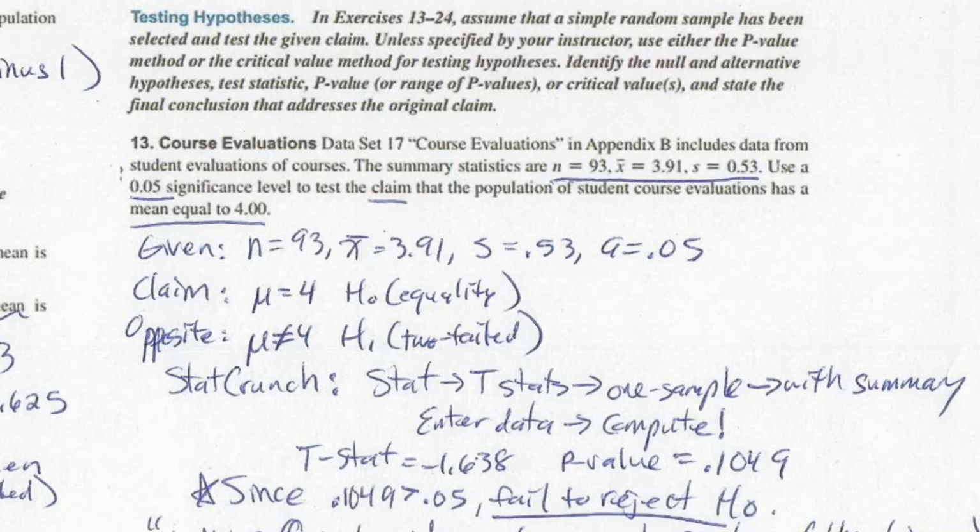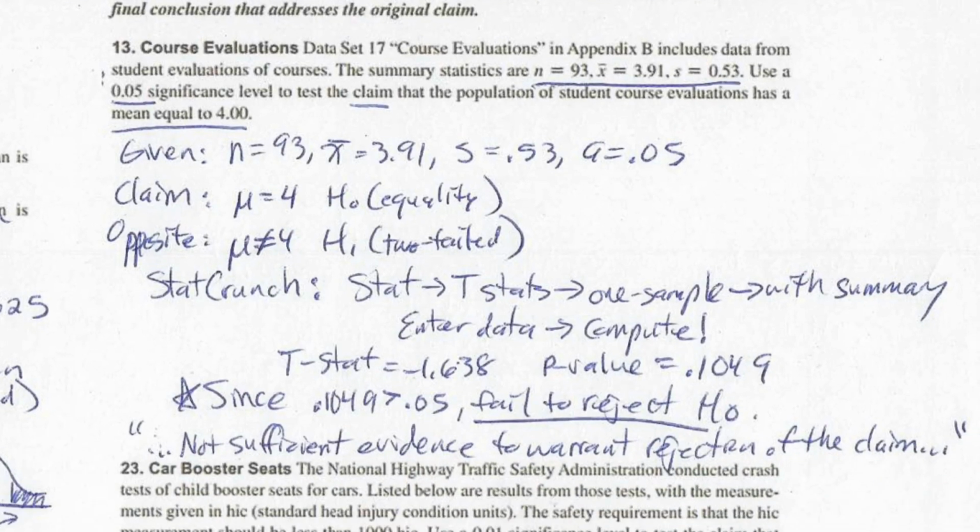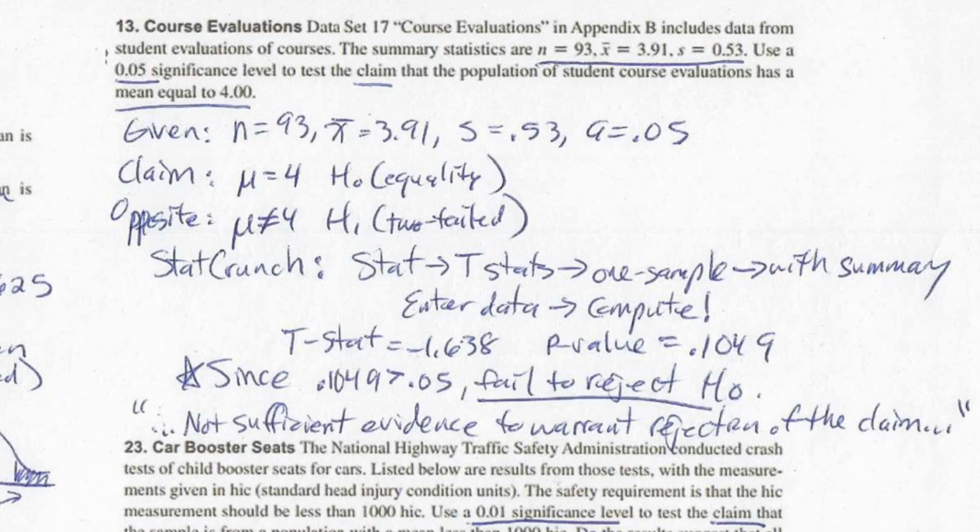The claim, which is right there, is the mean is equal to 4. So if that's equality, that's our null hypothesis. And that means the opposite would be the not equal to. That's a two-tailed test. Now, put everything in StatCrunch, enter the data, compute, and we get, if they ask you for a t-statistic, that is there for you, okay? If they ask you for p-value, that is also there for you, okay?